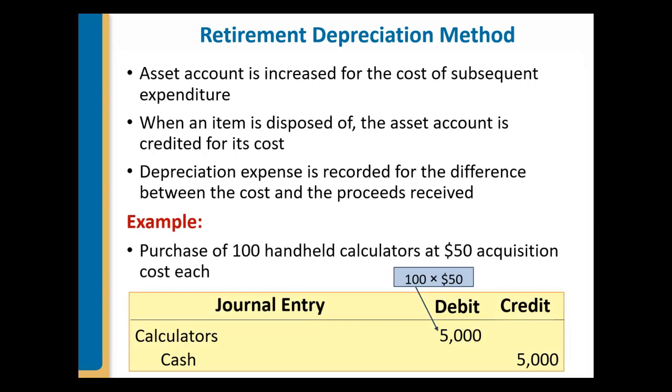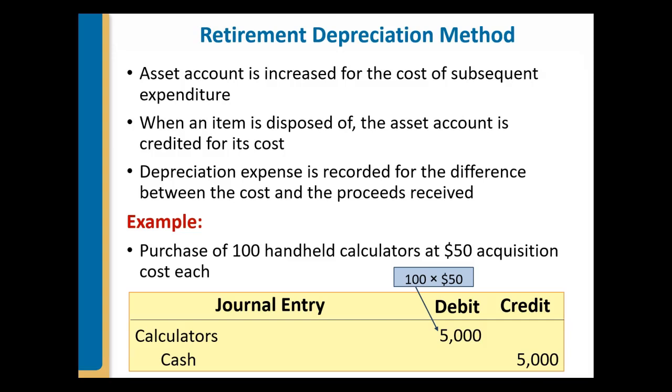Retirement and replacement depreciation methods occasionally are used to depreciate low-valued assets with short service lives. Under either approach, an aggregate asset account that represents a group of similar assets is increased at the time the initial collection is acquired. Using the retirement depreciation method, the asset account also is increased for the cost of subsequent expenditures.